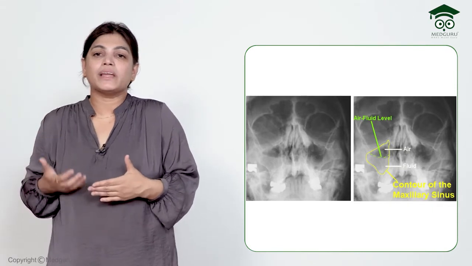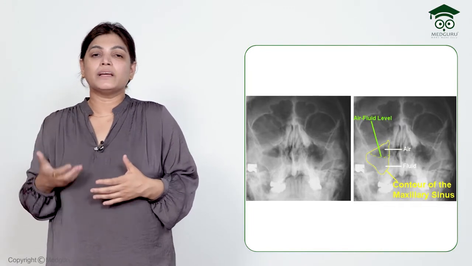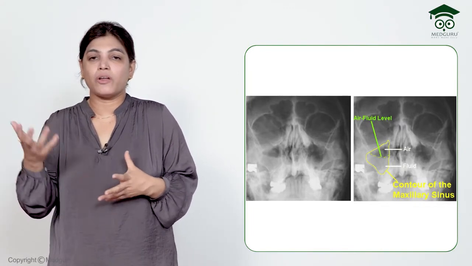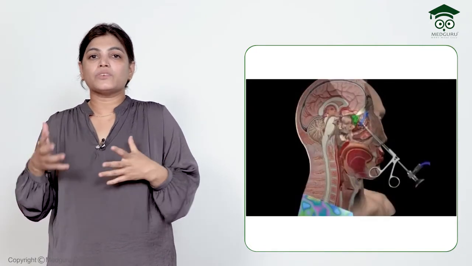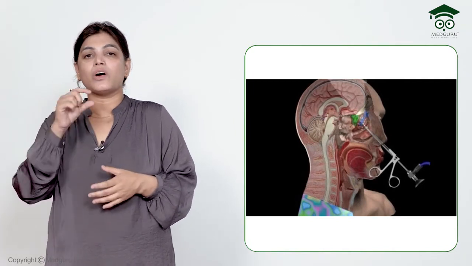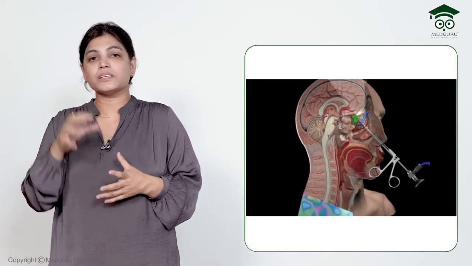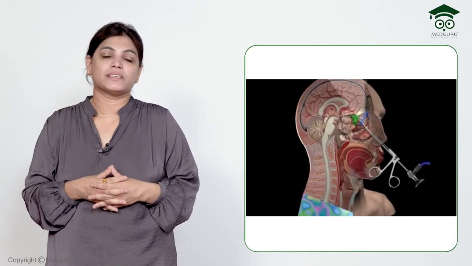If the person becomes very uncomfortable and the condition is not getting cured in about 7-10 days, then we go for an operation called antrostomy. In antrostomy, we put a trocar or cannula just below the inferior turbinate, to drain the pus located in the maxillary sinus.